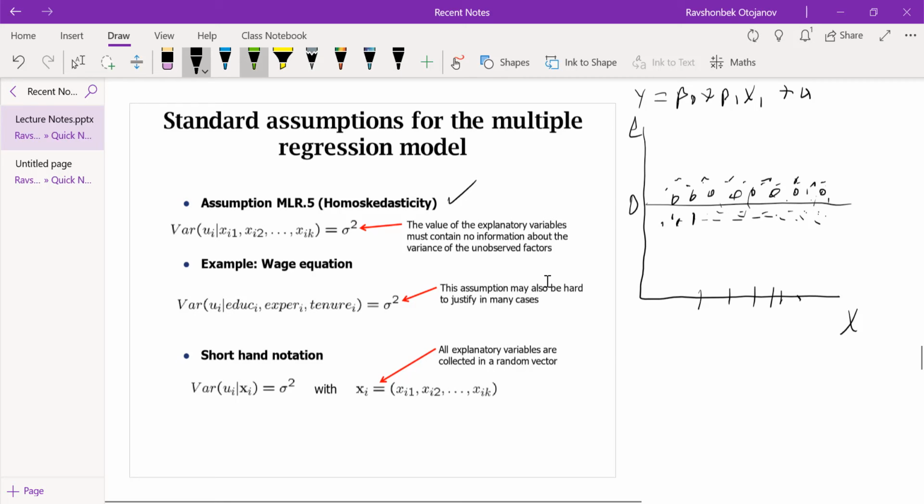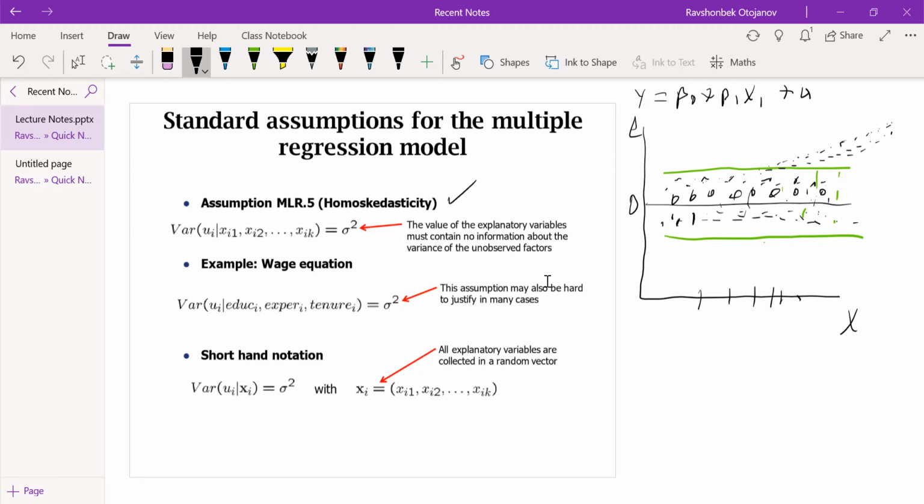So if we were to put two bands, upper and lower bands, the residuals are within this range. They don't exceed the range, or cross the range, or drift away from this. They stay within the range. However, this assumption may be easily violated in cross-sectional analysis, and we may see some errors across x values, some higher x values go outside the band.